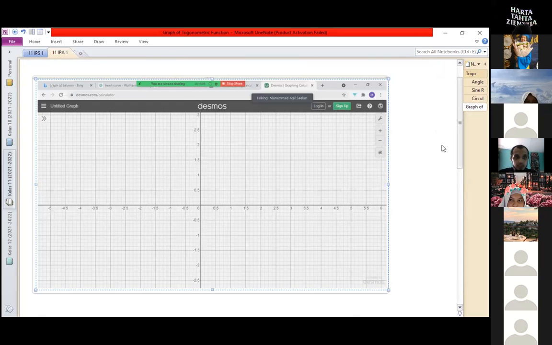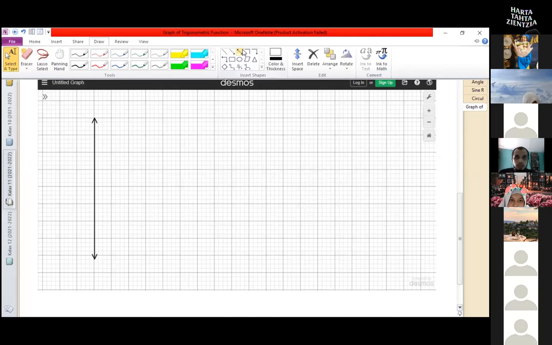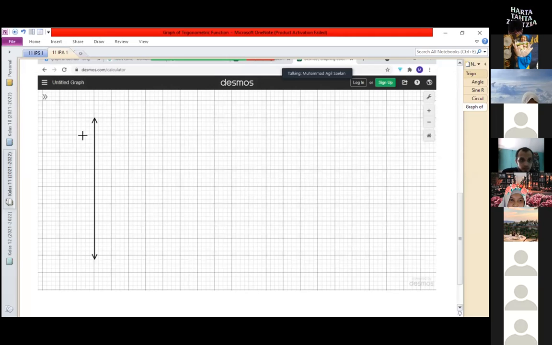Ternyata digerakinnya agak sulit juga. Nah, nggak bisa lurus ya.